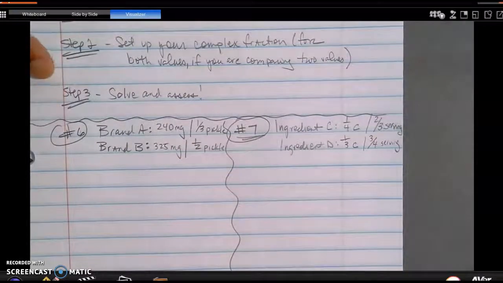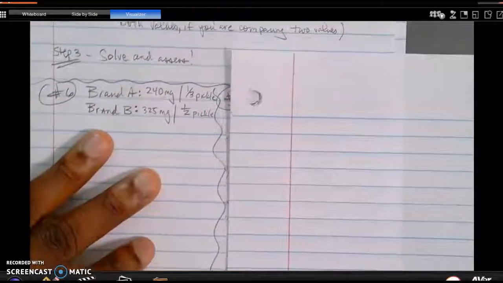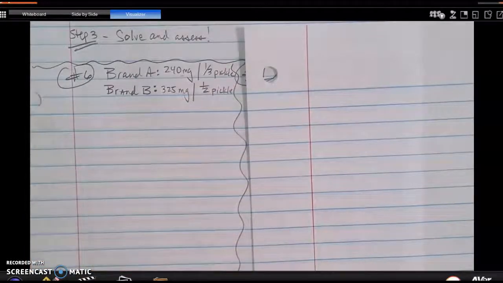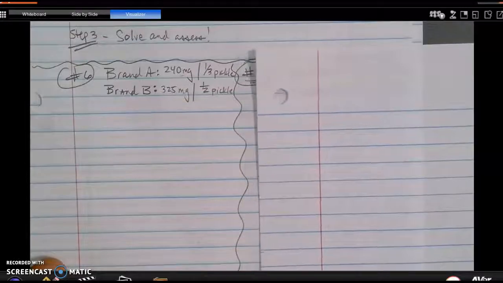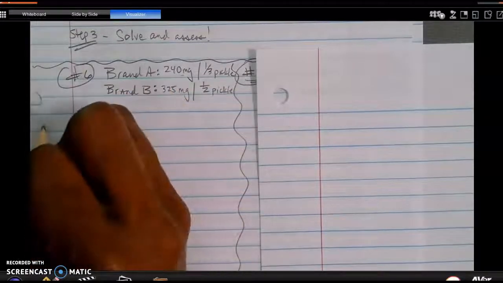So that we don't get distracted, sorry, I'm going to go ahead and just cover this part up. Okay. So I want to focus on brand A and brand B. So the second step said for me to go ahead and set up a complex fraction. A complex fraction basically is where you have 1 fraction in the numerator and 1 fraction in the denominator. And I'm going to do that for both.